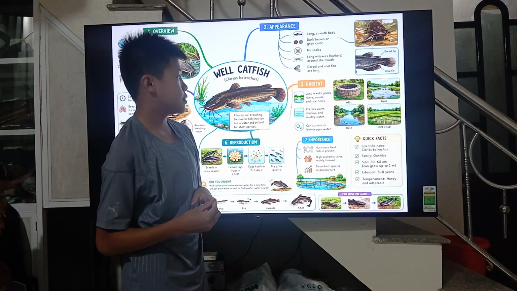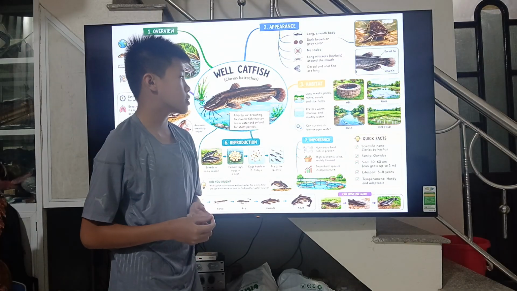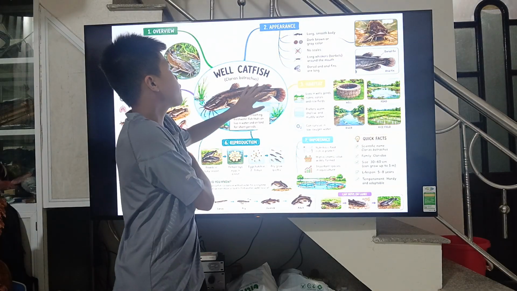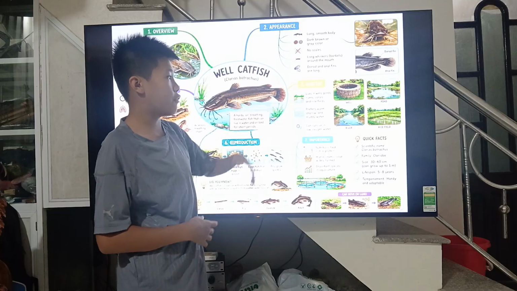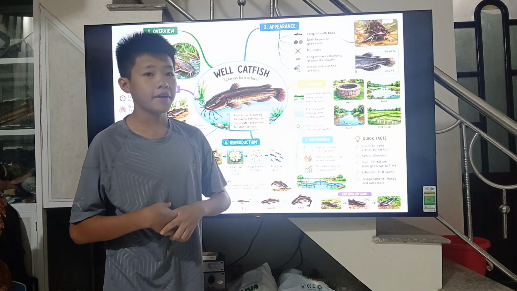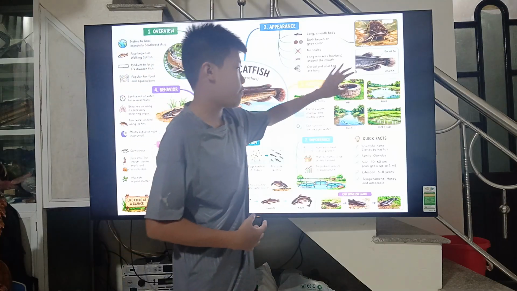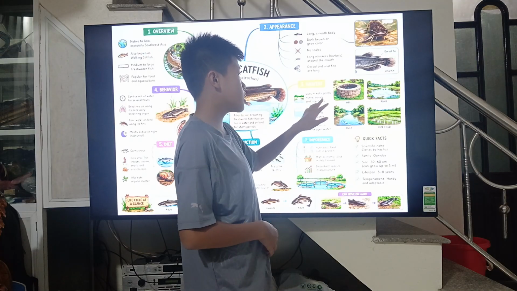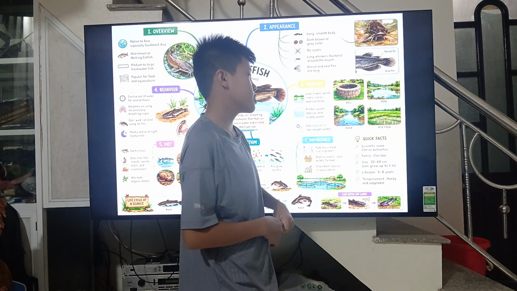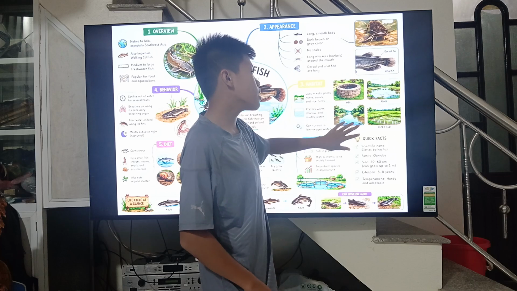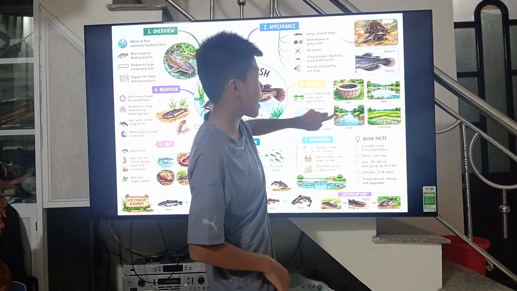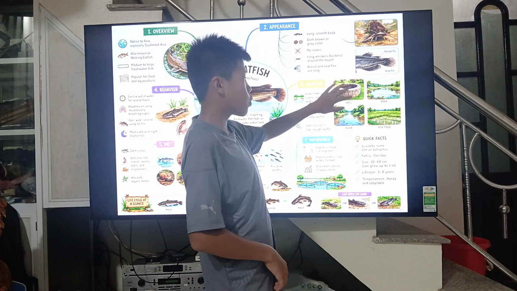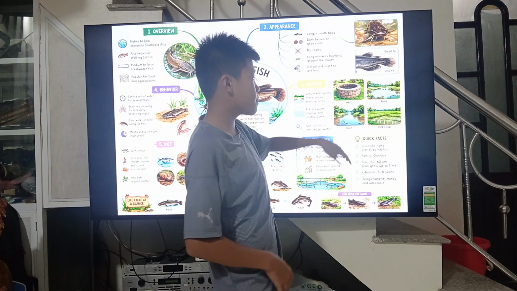So now go to the habitats. I will talk about why they live like the whale catfish. They live in the wells too. They live in wells, ponds, rivers, canals, and dry fields. In the river they can hide under the rocks. In the well they can go to the deeper water.